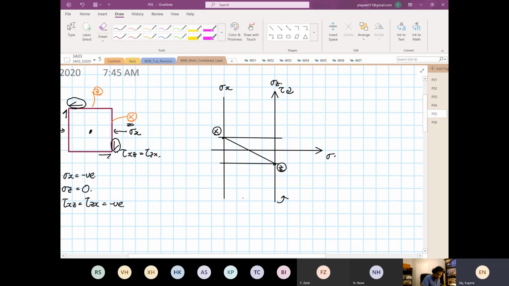So from here, if you use your protractor... So we're going to draw Mohr circle. I'm just eyeballing this, okay?